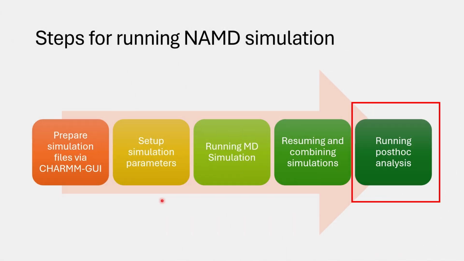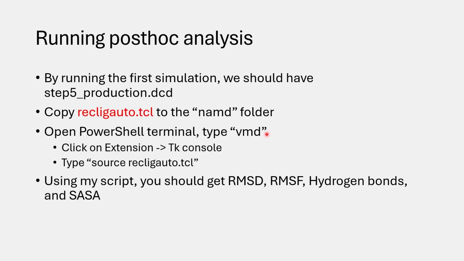Okay, so now our molecular dynamic simulation has completed. We're going to begin running post hoc analysis. After we perform our simulation, we should have step 5 underscore production.dcd. I have made a custom script called directly auto.